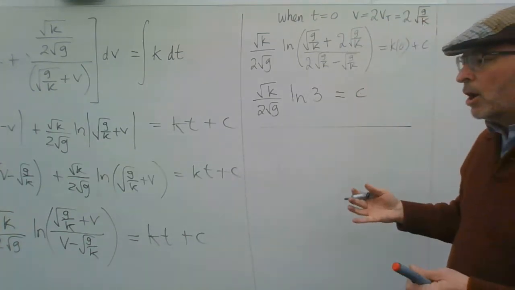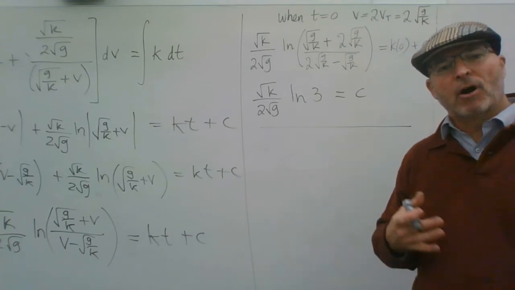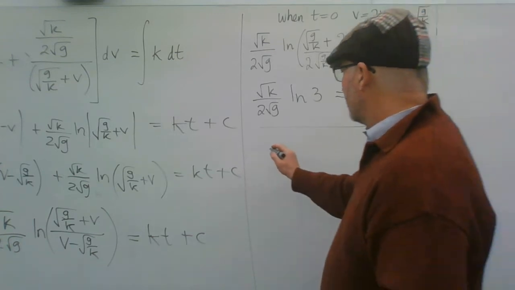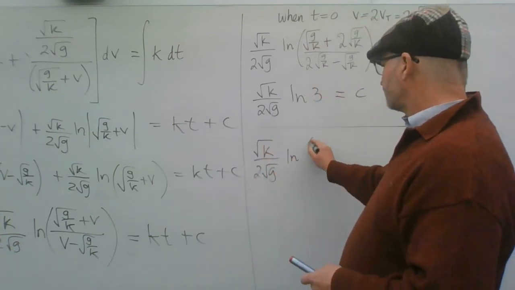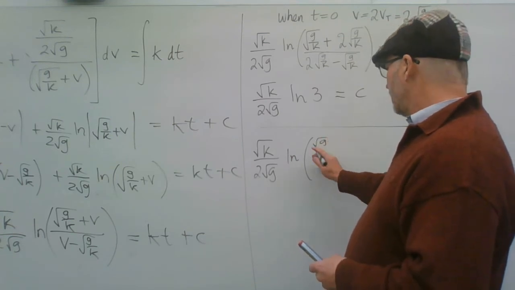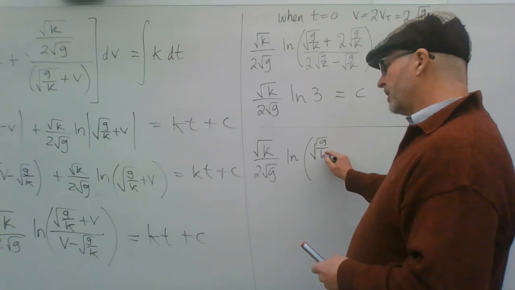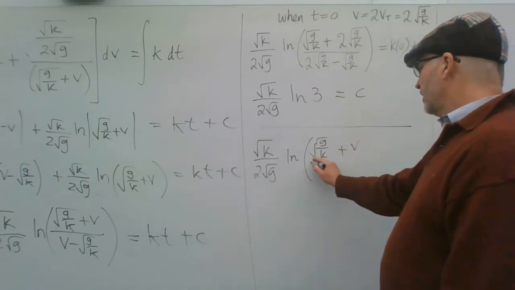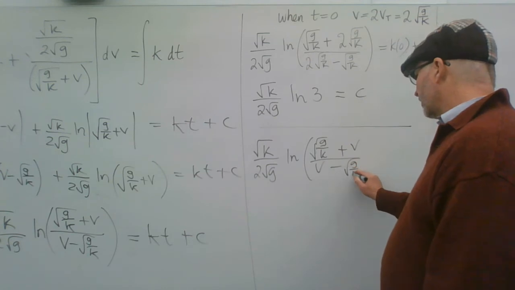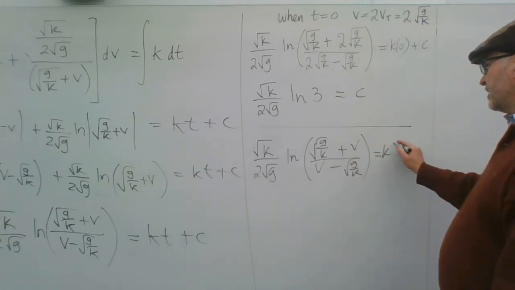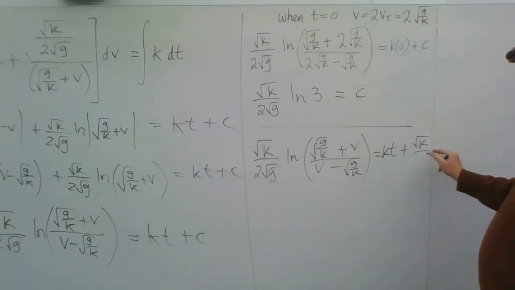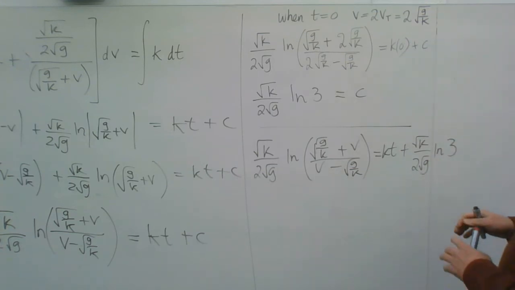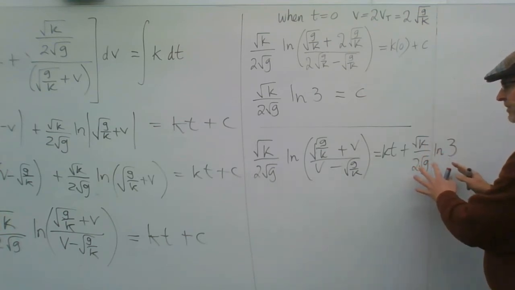So let's write down what our equation is at the moment involving velocity and time. It's root k on 2 root g, natural log of root g on k plus v on v minus root g on k equals kt plus c, which is root k on 2 root g, natural log of 3. All right, so let's subtract this off both sides.